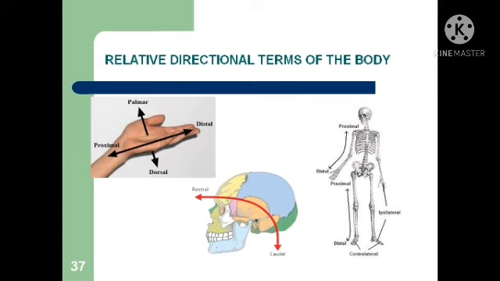And in this particular skull picture, you can see two aspects, the rostral aspect and the caudal aspect. The rostral aspect is toward the frontal bone, and the caudal aspect is toward the base of the skull. Then another term, the palmar aspect and the dorsal aspect, which we can see in the palm of the hand.